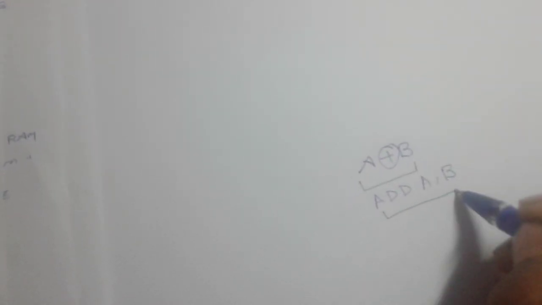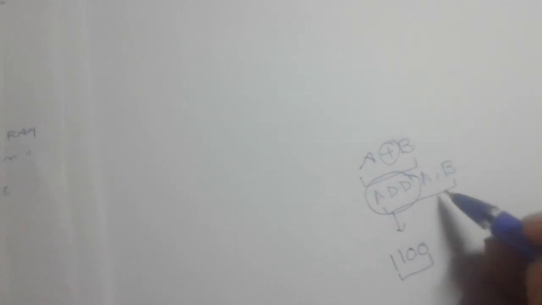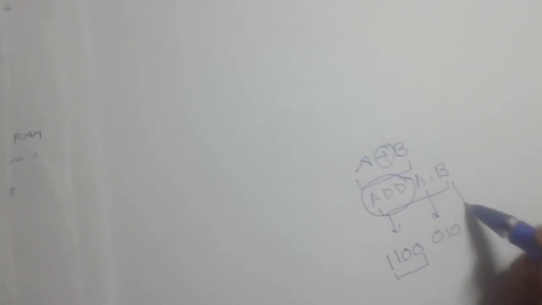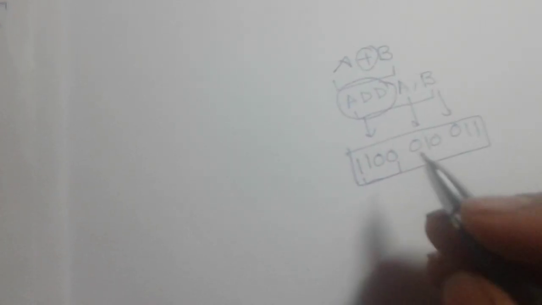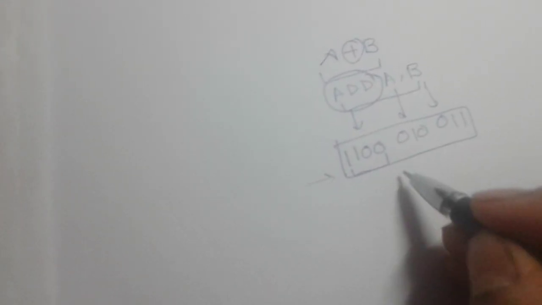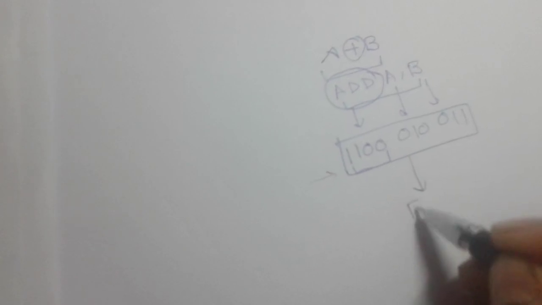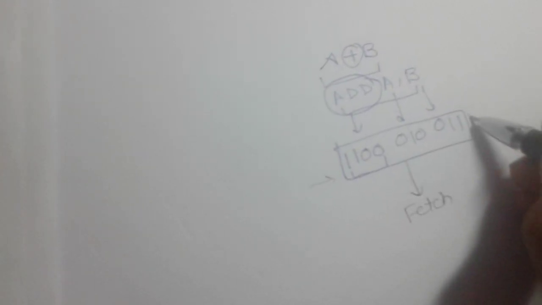This instruction is provided in terms of binary. Suppose code for add is 1100 and code for register A is 010, code for B is 011. So this is our instruction which is to be provided to a computer for execution. So how our computer operates: when we give an instruction in this format, first computer will fetch this instruction from memory.